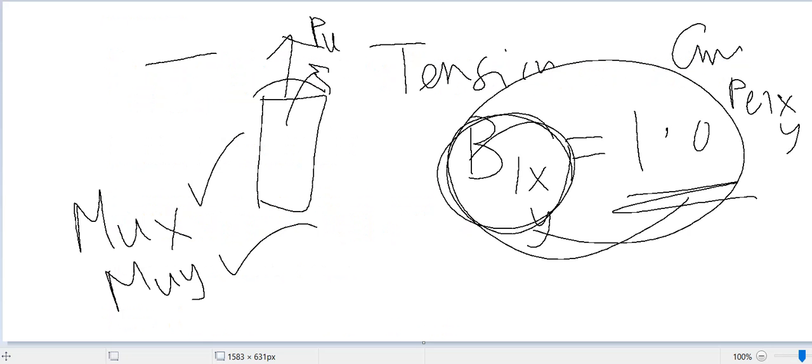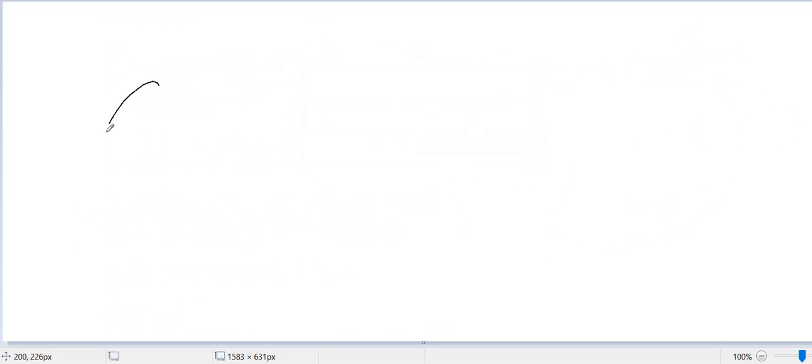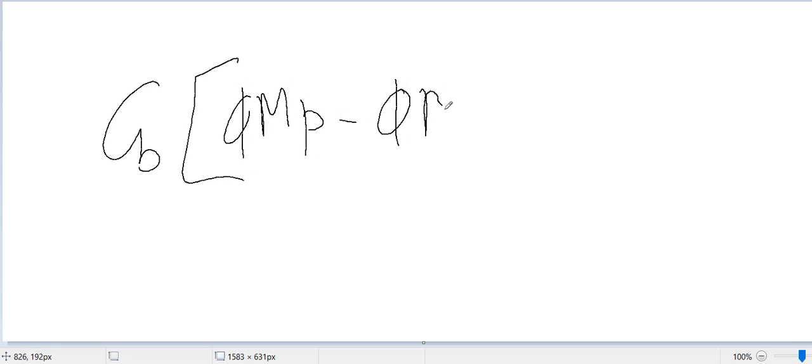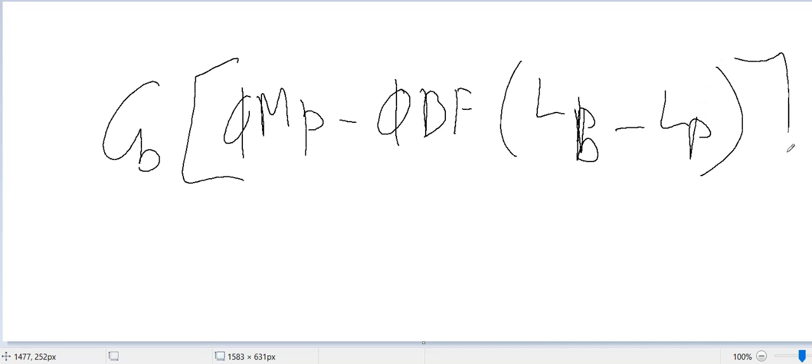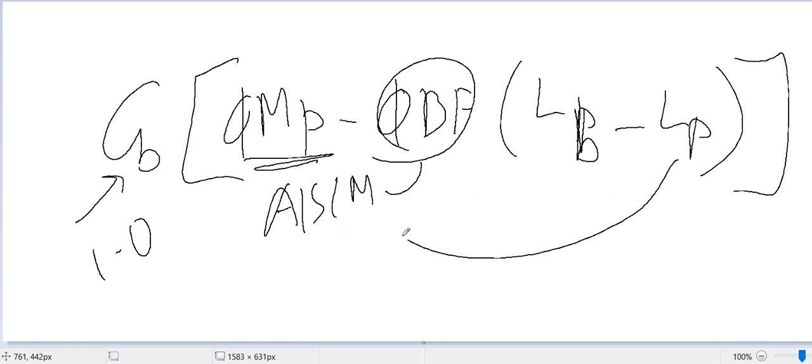Our moment capacity is Cb times [Mp minus (Mp minus 0.7 Fy Sx) times (Lb minus Lp) over (Lr minus Lp)]. So that is our moment capacity. We assume Cb is 1. This value is from the AISC manual, this value also from the AISC manual, and Lb is 15 feet.